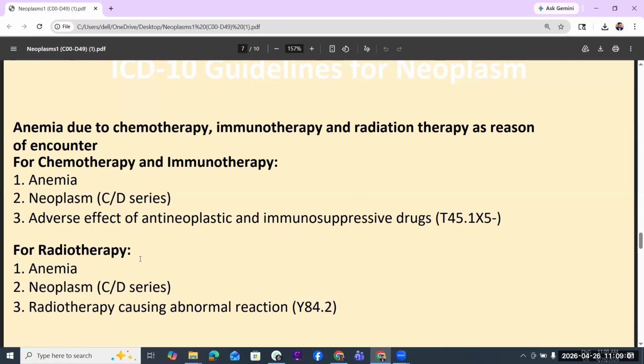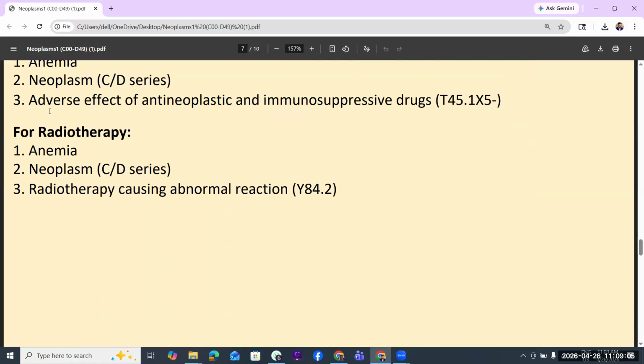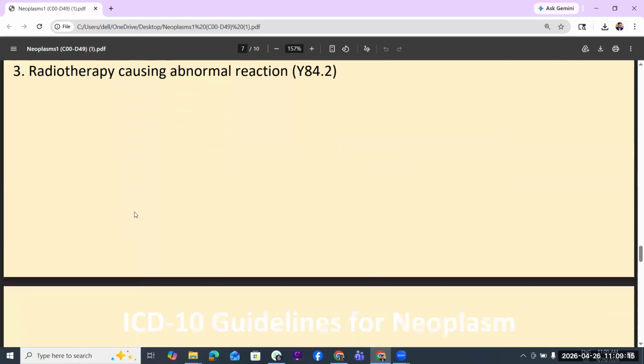For radiation therapy: first is the anemia, second is the neoplasm, third is the radiotherapy causing abnormal reaction, that is the Y84.2 series. So we need to code this way.